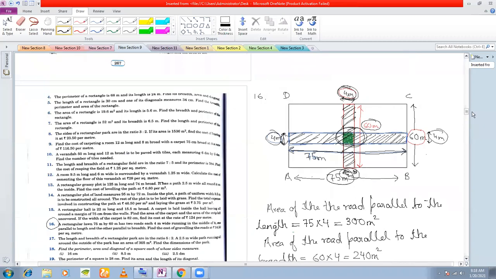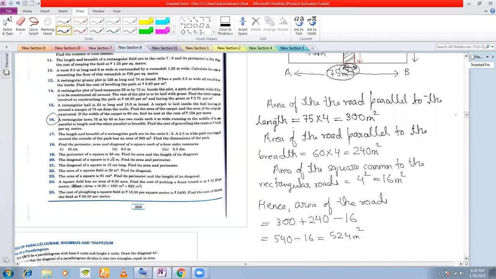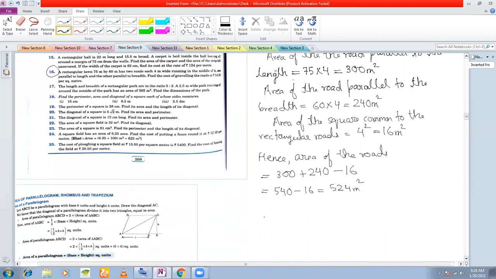Okay, now the cost of graveling. What is the cost here? It is given to be 14.5 per square meter. So 1 meter square of graveling costs 14.5 rupees.